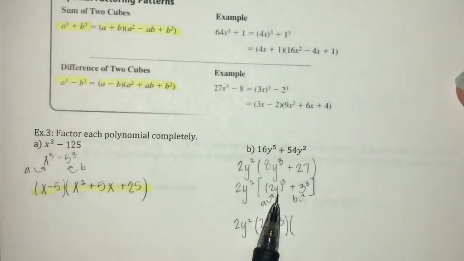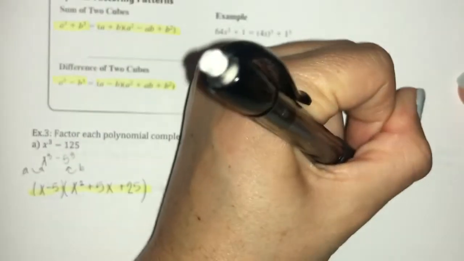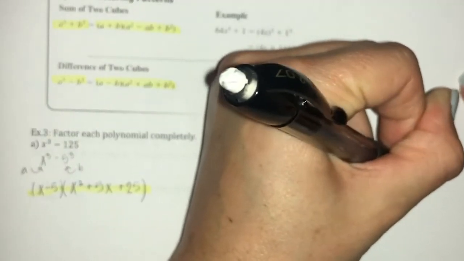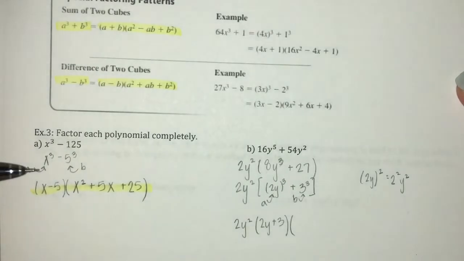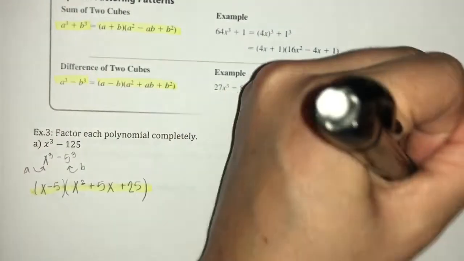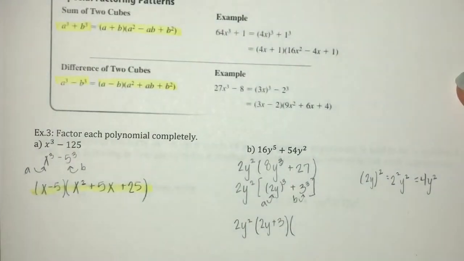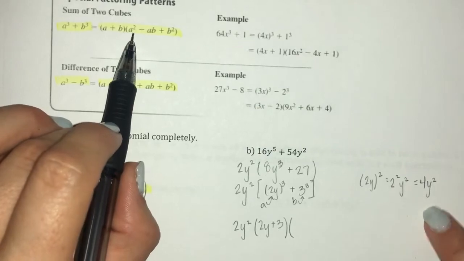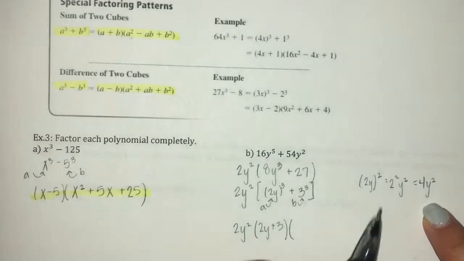If you want to do this off to the side, 2y in parentheses squared is the same thing as 2 squared times y squared. If we simplify it, it would be 4y squared. So that means that a squared from the pattern itself would be 4y squared, because we're squaring the 2y.